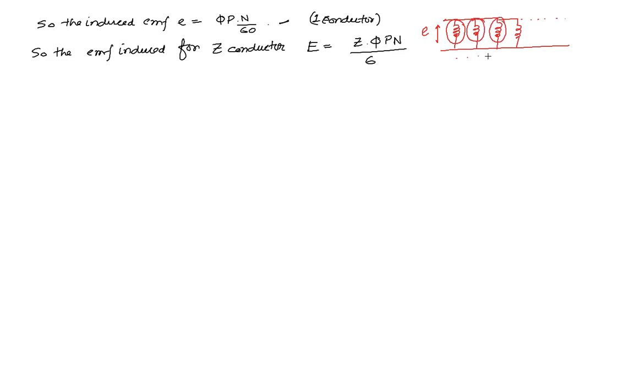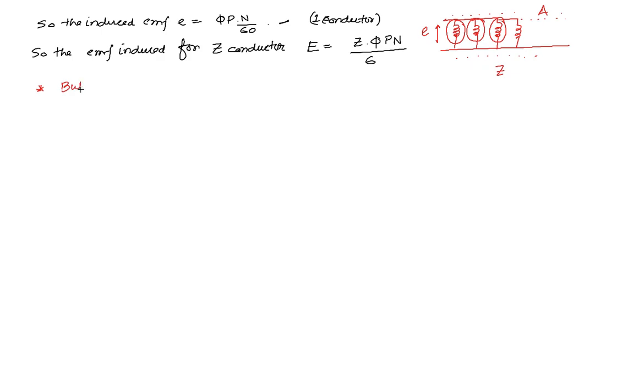So the number of conductors in the armature is Z, and the number of parallel paths is A.